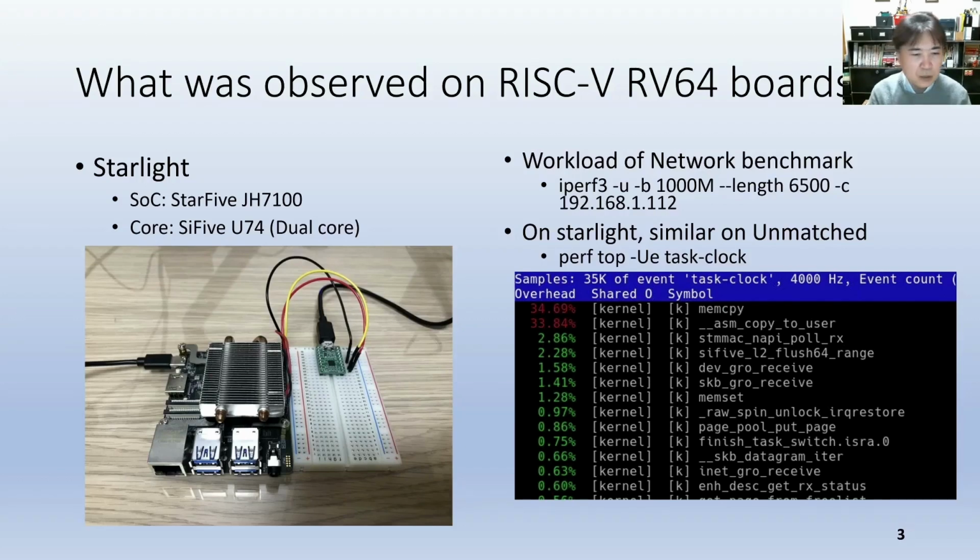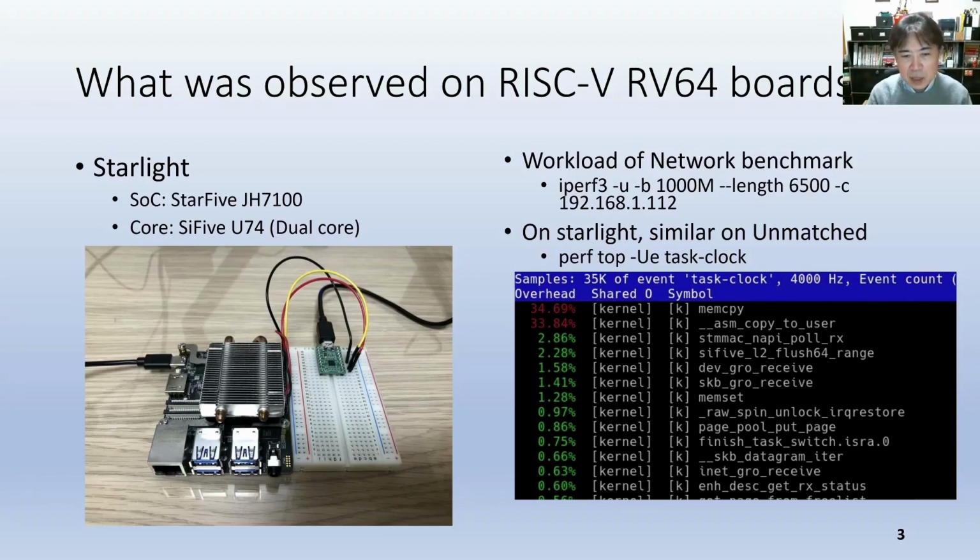For me, it was easier to run it on my disk, but it should be pretty much the same between the Starlight and Unmatched boards. The right side is the result of running the network benchmark iPerf3 and also running perf top, and two functions had a large CPU usage: memcopy and copy to user.